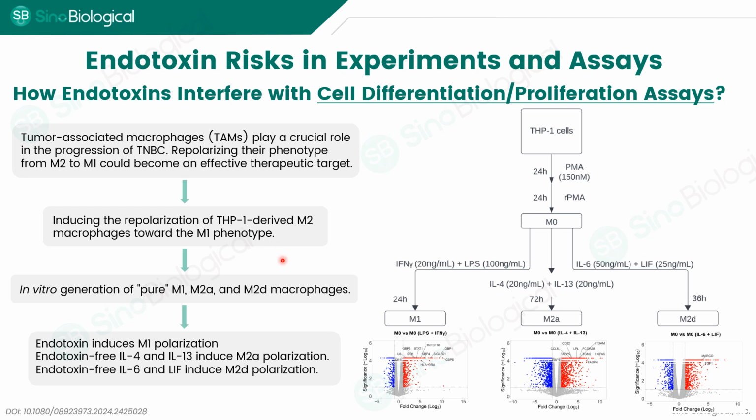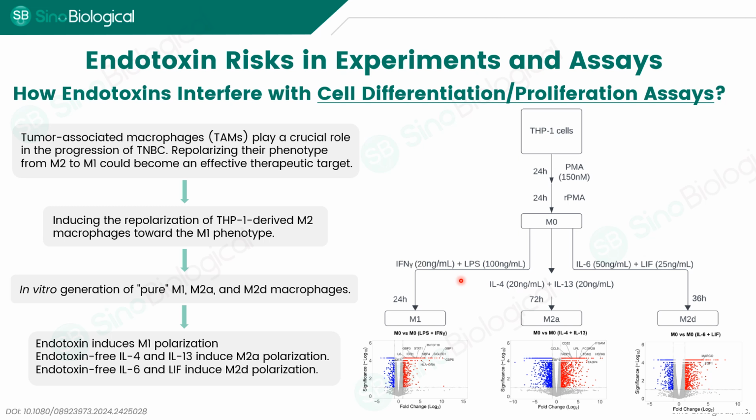To this end, the researchers needed to generate pure M1, M2A, and M2D macrophages in vitro by inducing them using different reagents. As shown here, the researchers used endotoxin and interferon gamma to induce M0 to M1.